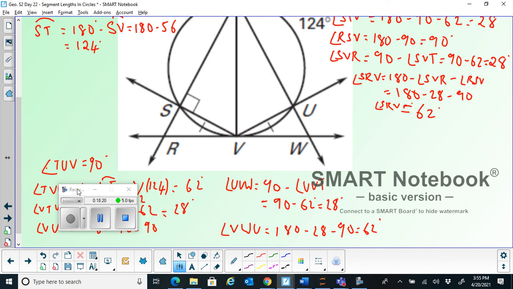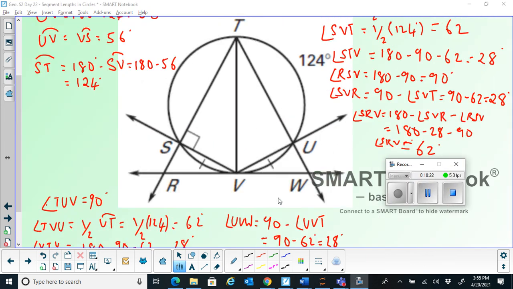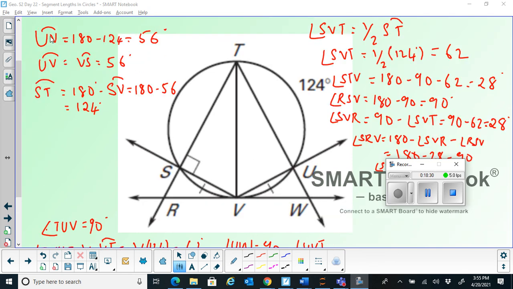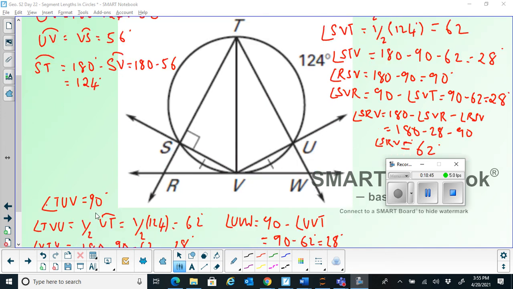Angle TUV. This is going to be 90 degrees because this is a diameter, we know that. Using that itself I have done all this work. I was able to do the first calculation because this is a diameter, and this is a diameter because this is 90 degrees. If this is a diameter, then the angle opposite to this particular diameter, TUV, is also 90 degrees.